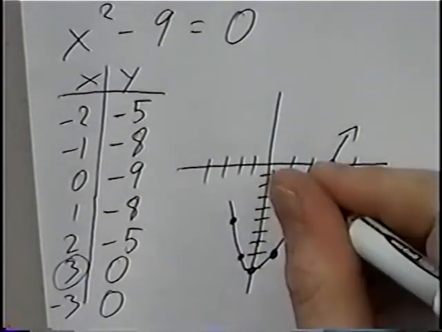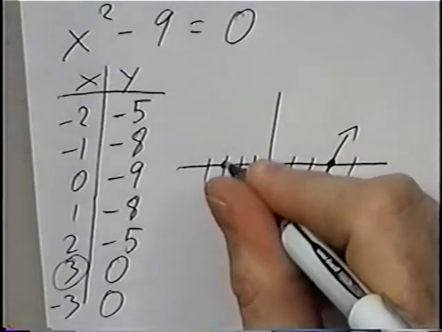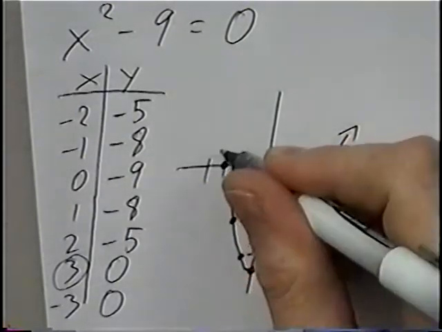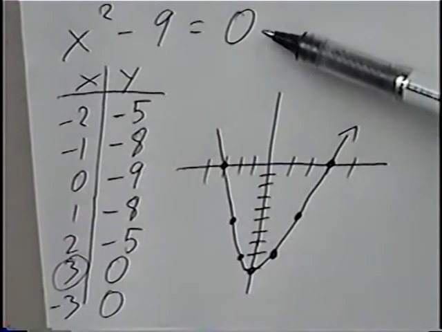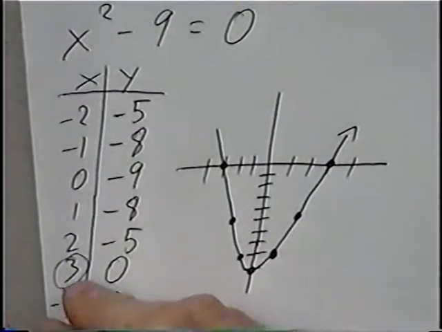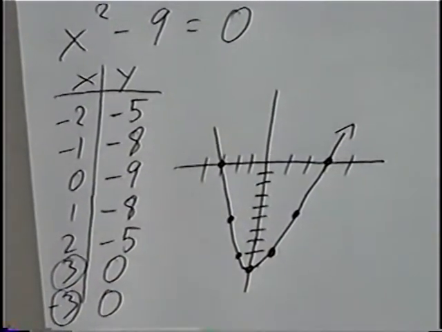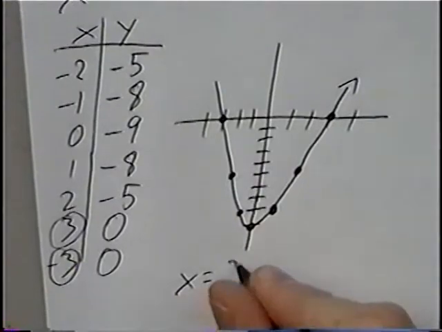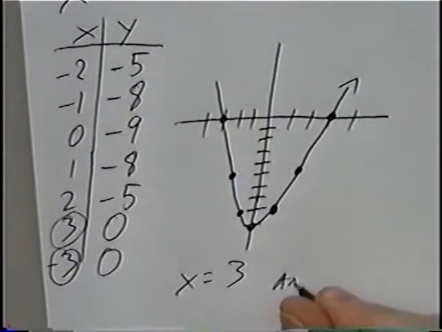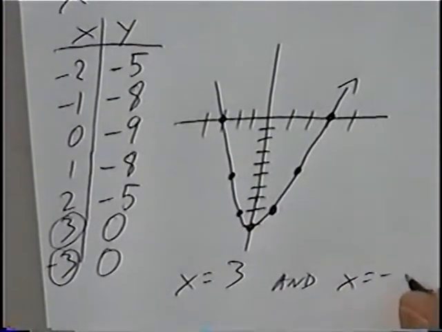So negative 3, 0 would be 3 spots to the left and on the x-axis. And again, the point where it crosses means the equation is equal to 0, and that would be our second answer of negative 3. So the answer to the question again are the two x values, x equals 3 and x equals negative 3.